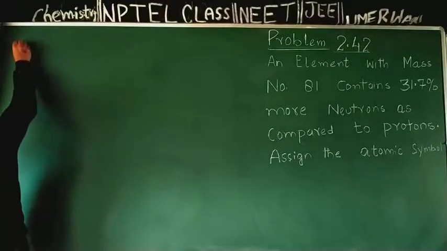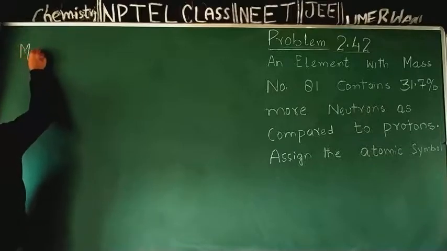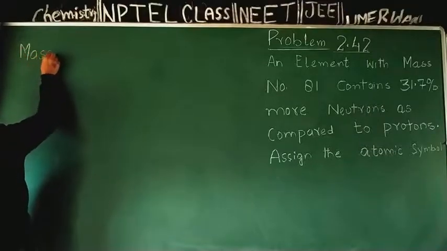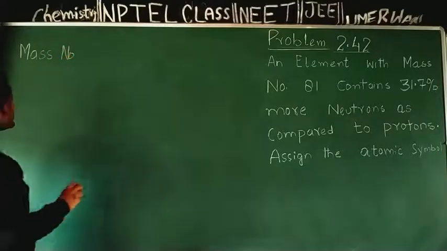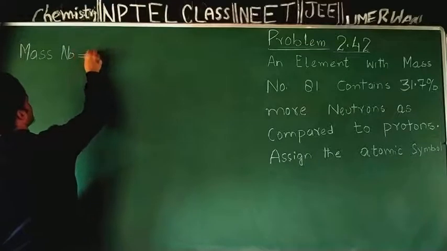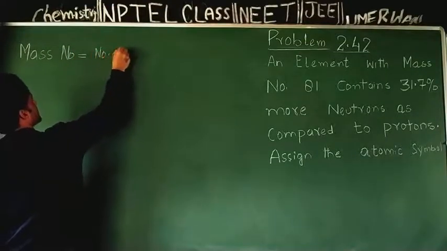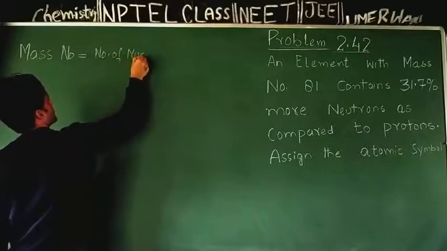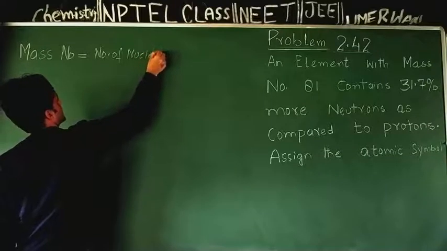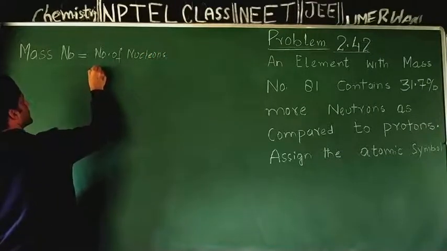I will start with mass number because mass number is given. Mass number is equal to number of nucleons. Mass number is equal to number of nucleons in the nucleus.